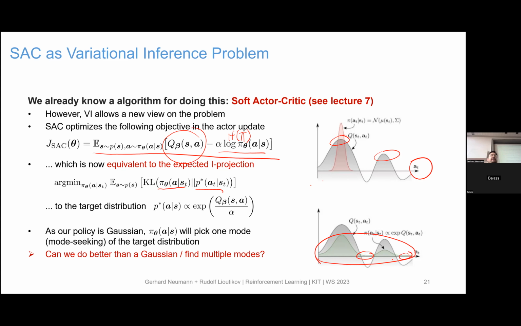Whenever Q is higher, the target distribution is also higher. Now the variational inference problem is to fit a Gaussian distribution on this target distribution. One solution would be the red one, in this case the best solution. Another solution would be to put it here. Or we could maybe use a Gaussian mixture model to represent both solutions. That would also be interesting.